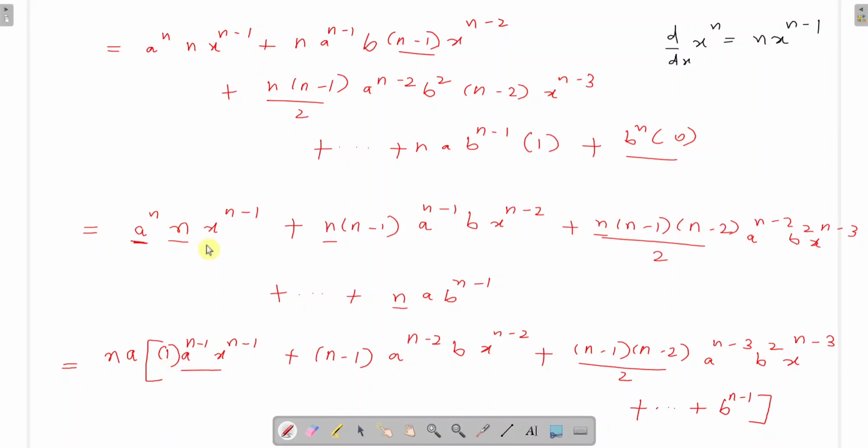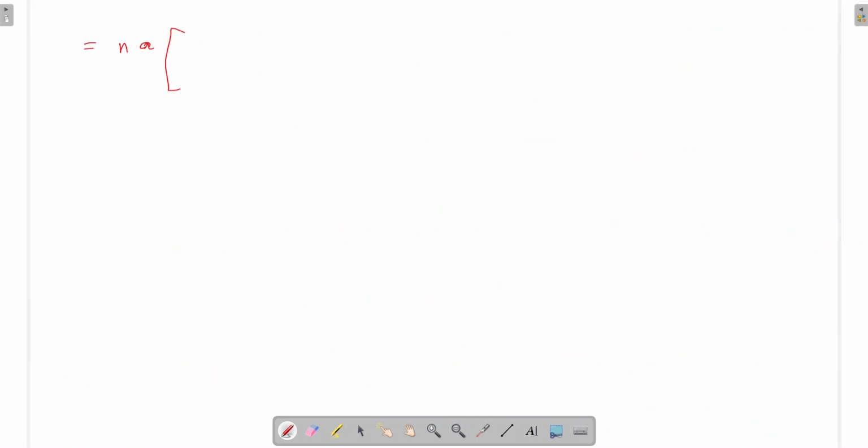Now if you look at the combination n minus 1 c n minus 1, what we will get is n minus 1 factorial divided by n minus 1 factorial, multiplied by n minus 1 minus n minus 1 factorial. Okay, instead of looking at n minus 1 c n minus 1, we will look at n minus 1 c 0.